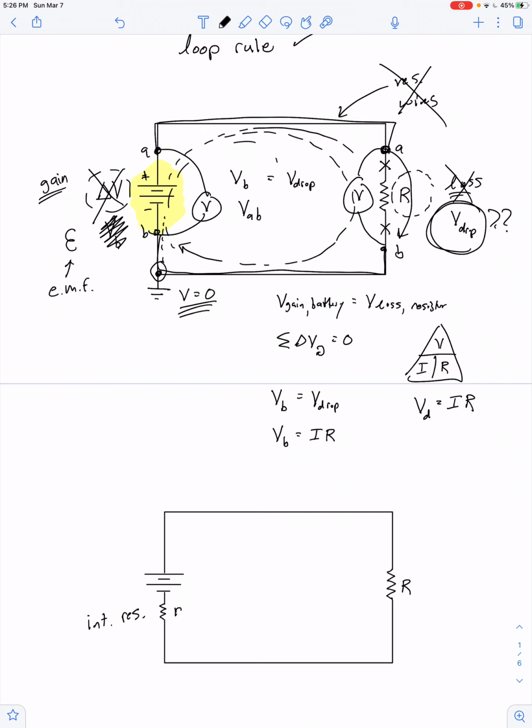Instead of calling it voltage back in the 1800s when the study of electricity was developing, what a battery provided wasn't so much stated as being a voltage or a source of potential difference. It was called an electromotive force, which we just abbreviate to EMF, or just this symbol script E. And what you should think of for electromotive force is an ideal voltage: a power supply that has no internal resistance, that doesn't heat itself up as it powers an external appliance.